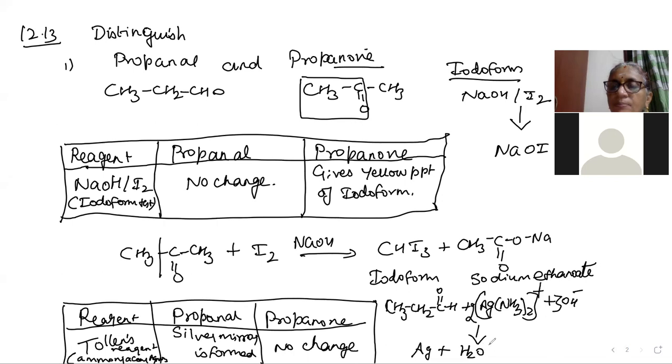This formation of silver is giving the silver mirror on the sides of the test tube. And 2 water molecules for each aldehyde and 4 ammonia, plus the aldehyde is oxidized to the carboxylate ion. Isn't it? So the formation of silver is responsible for the silver mirror in the case of an aldehyde, which is not formed in the case of a ketone. Clear? Copy this down.